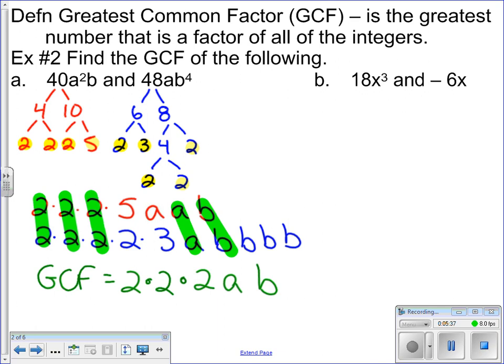Now, if I times all of that together, that's going to be 8AB. And that's the greatest common factor. So if you got a second, go ahead and try and pause here and do B.